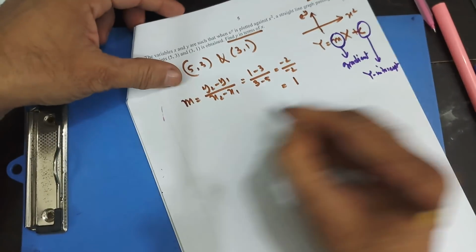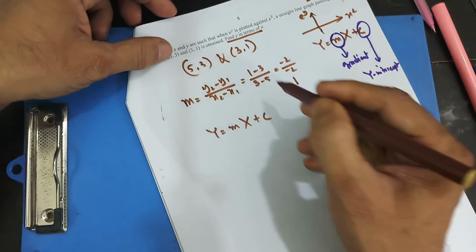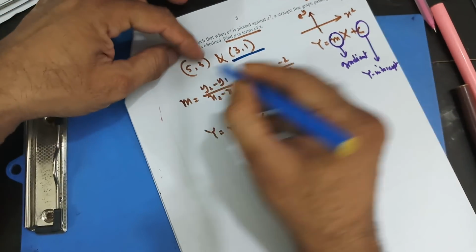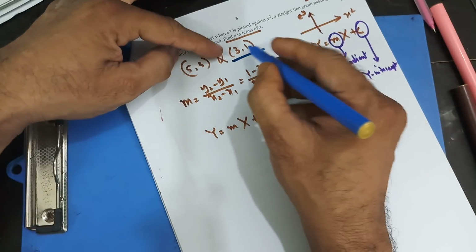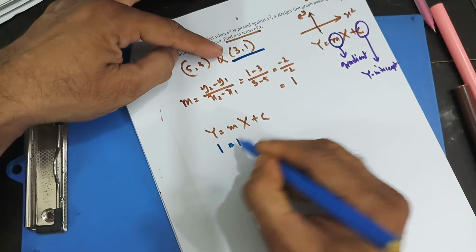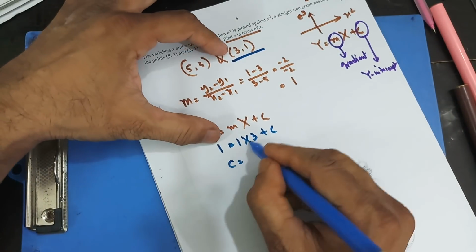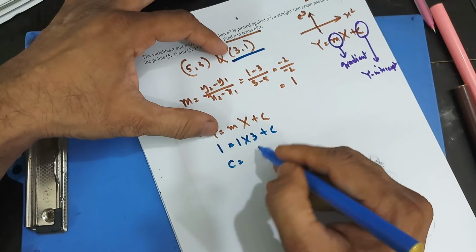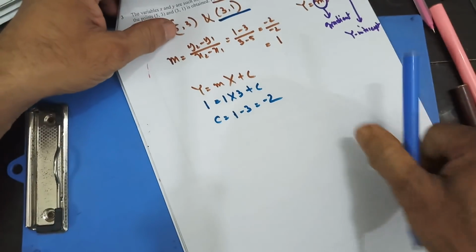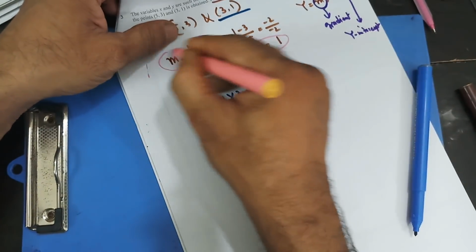Then let's write down Y equals mx plus c, and take any coordinates of a point. I'll go with the smaller one. I could do this one, but this is smaller. In place of capital Y, I'm going to put 1, the gradient I got is 1, and X is 3, plus c. So c equals 1 minus 3, since the 3 comes over here, which is minus 2. So the value of c is minus 2, and the gradient is 1.